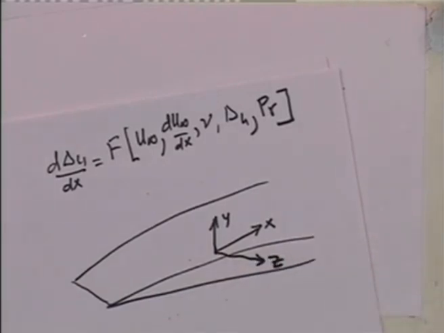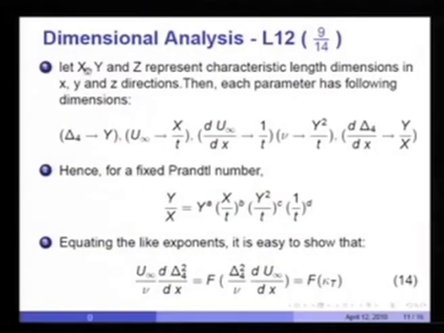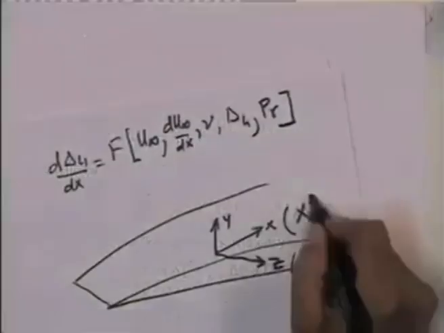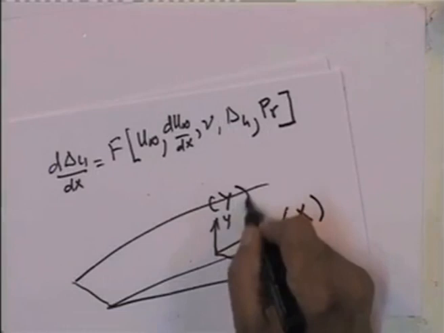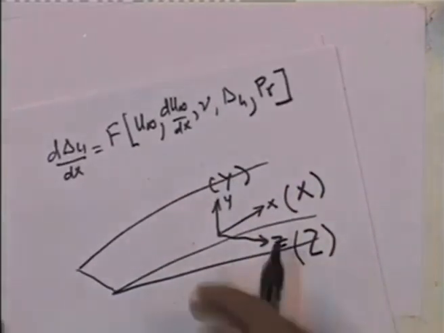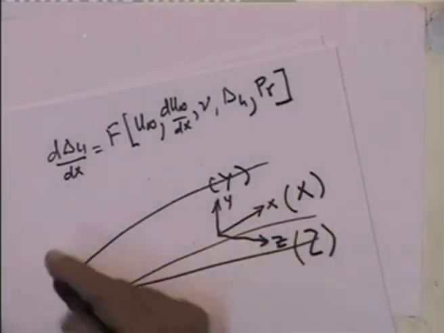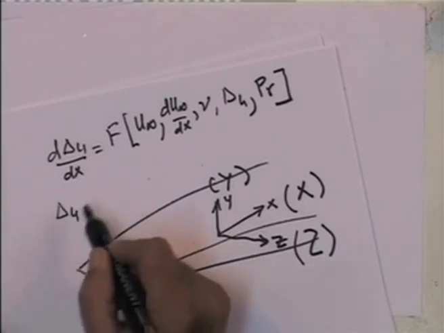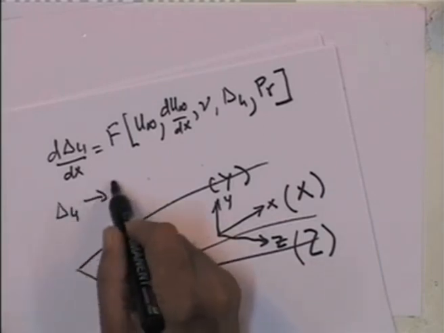Then if I say the characteristic dimension in direction x is capital X, in direction y is capital Y and in direction z is capital Z, then delta 4, being a transverse thickness, will have dimension Y.